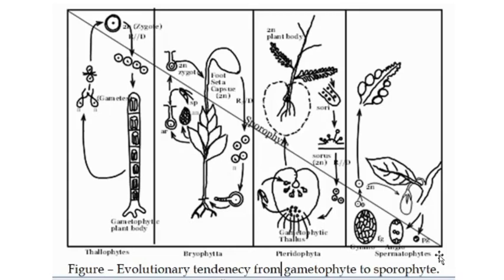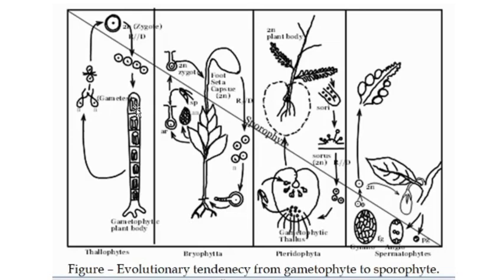Before we start, we must understand one thing, these two very significant lines: the zygote is the first cell of the sporophyte, and the spore is the first cell of the gametophyte.